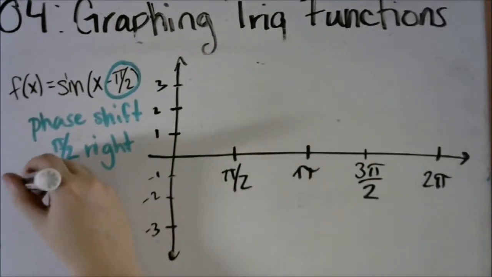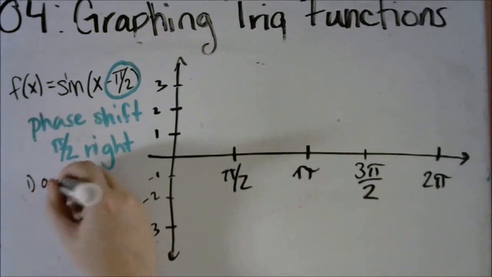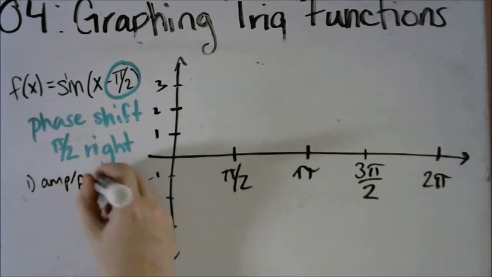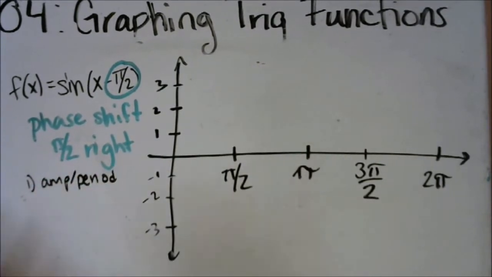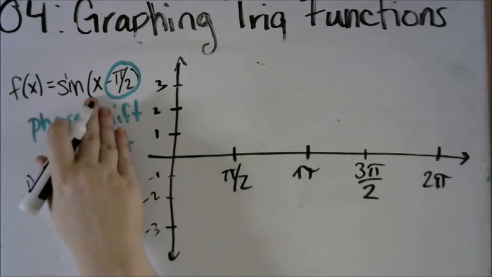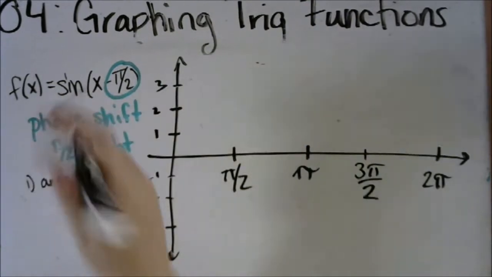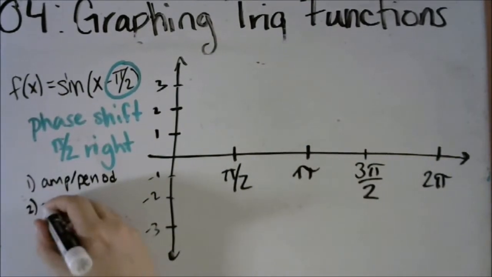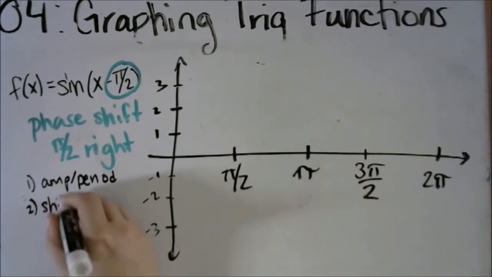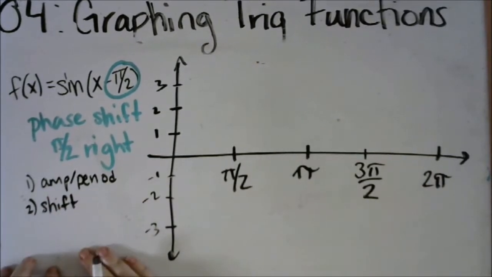The first, graph your function with the amplitude and period applied. In this case, amplitude of 1, period of 2 pi, standard graph. Then take that picture and apply your shift. This is going to help us try not to graph it all at once.